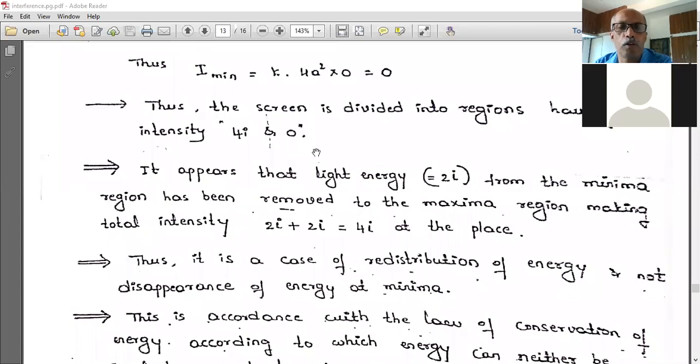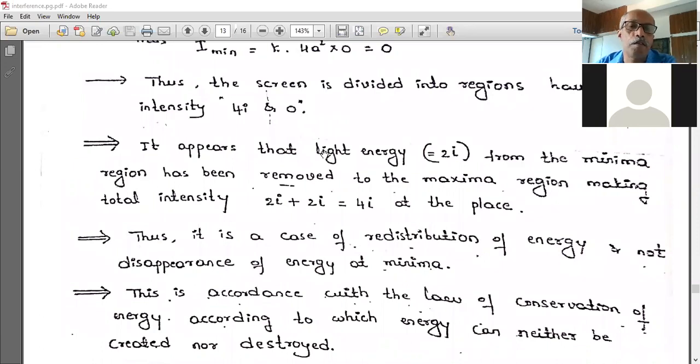Before the interference of two light waves, it appears that the light energy on the screen will be uniformly distributed, and that will be equal to 2i. Due to the interference of these two waves, there will be a redistribution of energy.